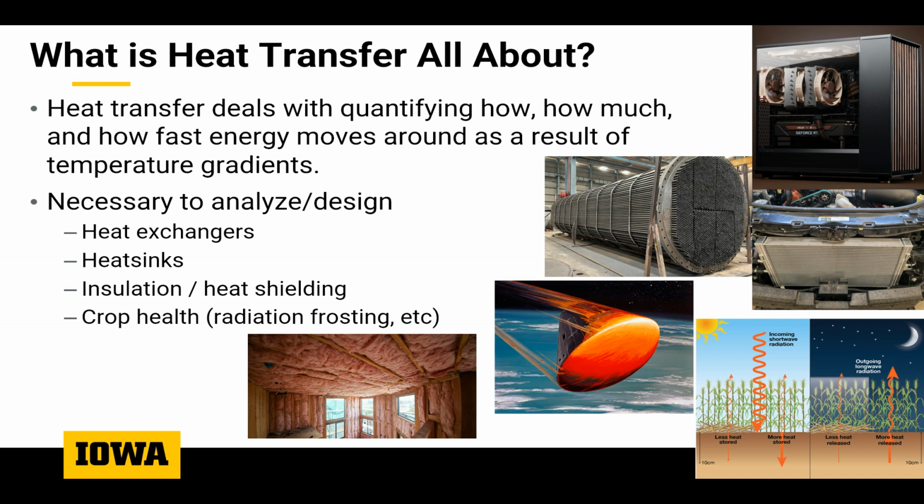Because they are radiating all their energy to space. So widespread. Heat transfer has its fingerprints all over engineering. And this is one of the reasons that it's such a cool topic.